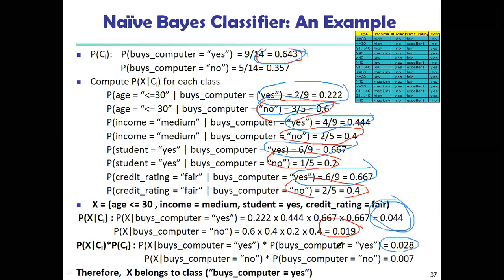For the next one, you represent it as 0.357 into 0.019. You have to multiply it to get the value 0.007.